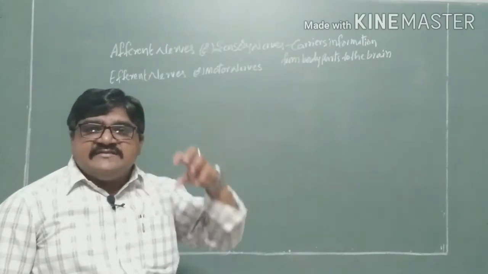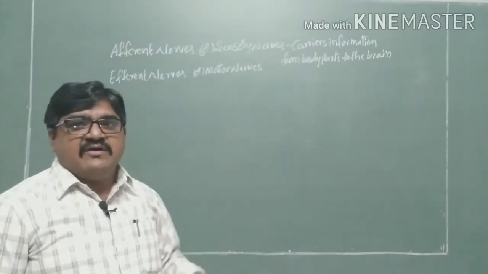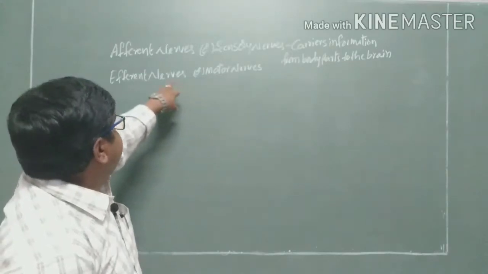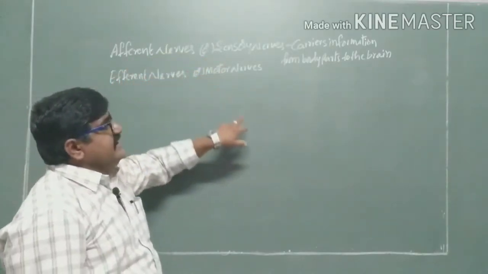If the information is passing from body parts to the brain, then such nerves are called afferent nerves, or sensory nerves.